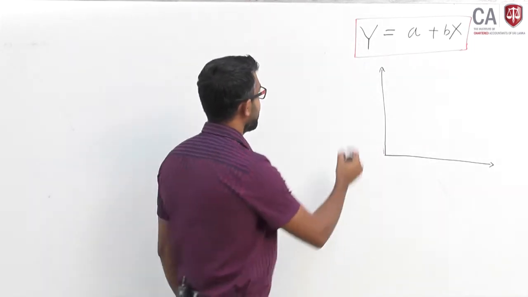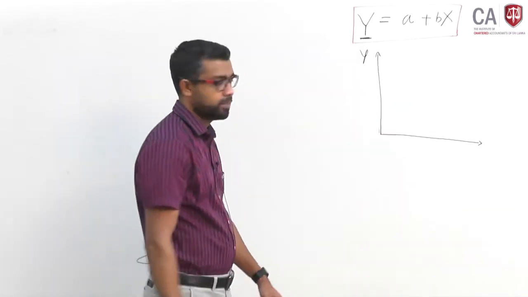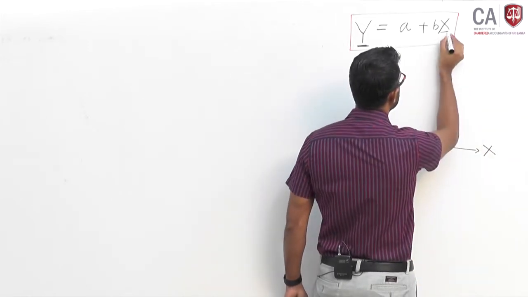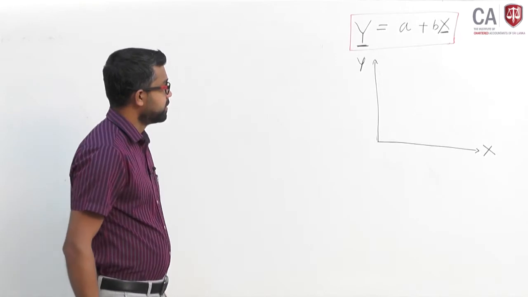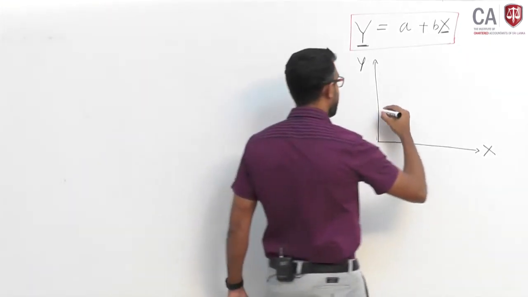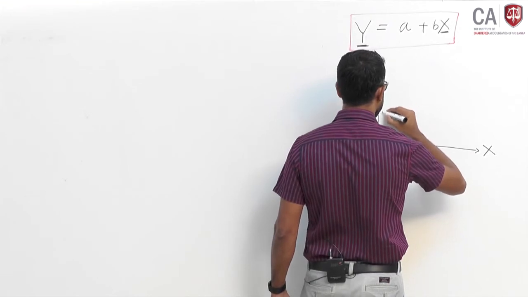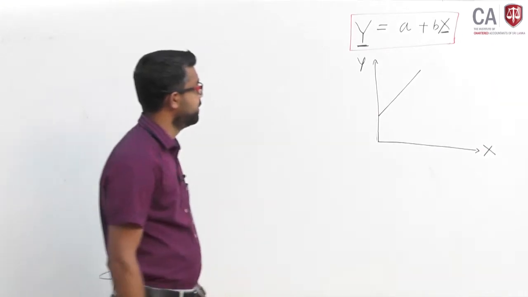So this is y, right? This is x. The regression line will be, let's say, the slope, let's think like this.